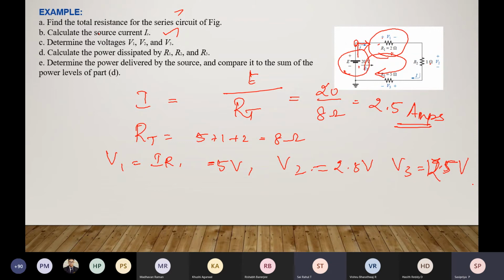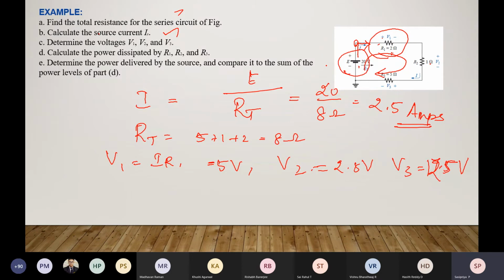Ma'am, actually, is E the same as the voltage, or is E equal to EMF? Actually speaking, we can interchange these two terms, but here generally this is nothing but the voltage source. Electromotive force, voltage drop, potential difference, voltage rise, voltage, all these are the same.